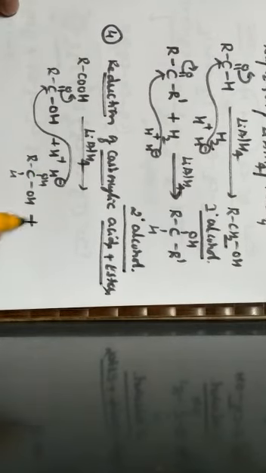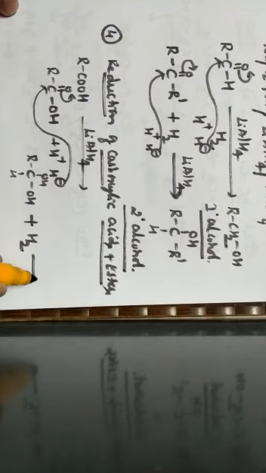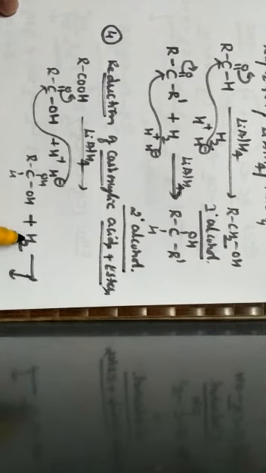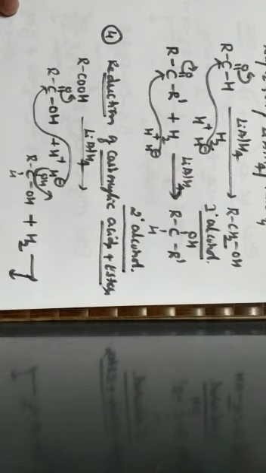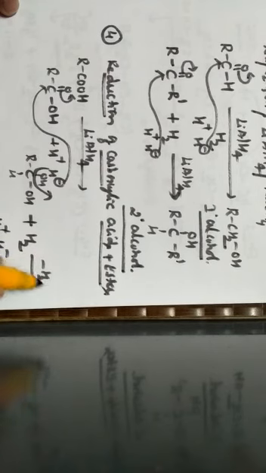When it is further subjected to reduction by utilizing hydrogen, what can I write? Again it will split as H plus and H minus, where one of the OH groups gets eliminated, and here it will be H plus as well as H minus. This OH minus will take away what? H plus, hence what gets eliminated?